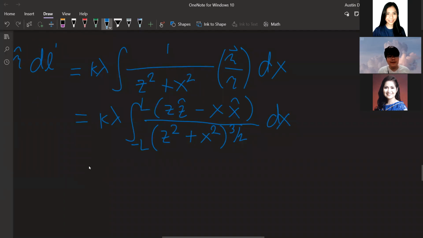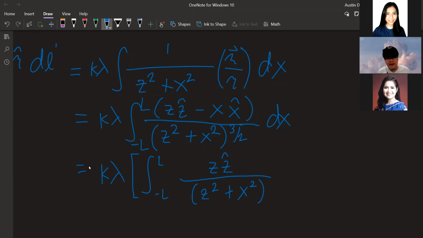So let's do this. Okay, lambda. Then I'll integrate. Lagyan natin yung parentheses para hindi tayo malito. Negative L to L, Z hat, 1 over Z squared plus X squared to the 3/2.